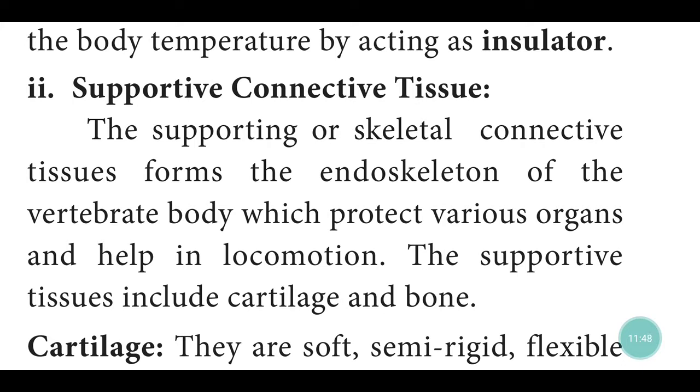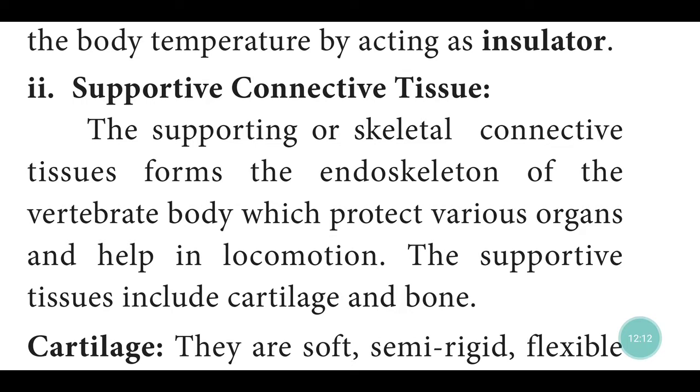Exoskeleton is outside, as in some beetles, where skeleton-like structures are outside of the body. The endoskeleton of the vertebrate body protects various organs and helps in locomotion. What is locomotion? Movement.